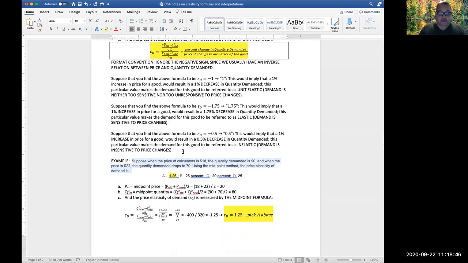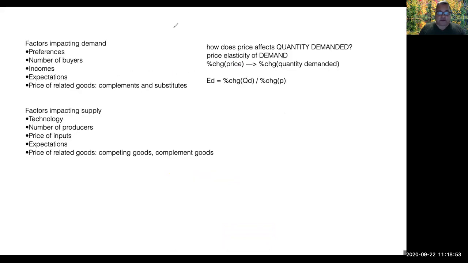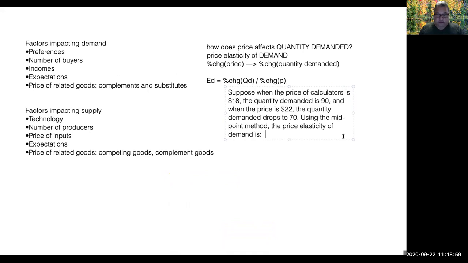I'm going to take this example from the notes and, going back to our whiteboard, enter this question here as a problem. Suppose that when the price of calculators is 18, the quantity demanded is 90.